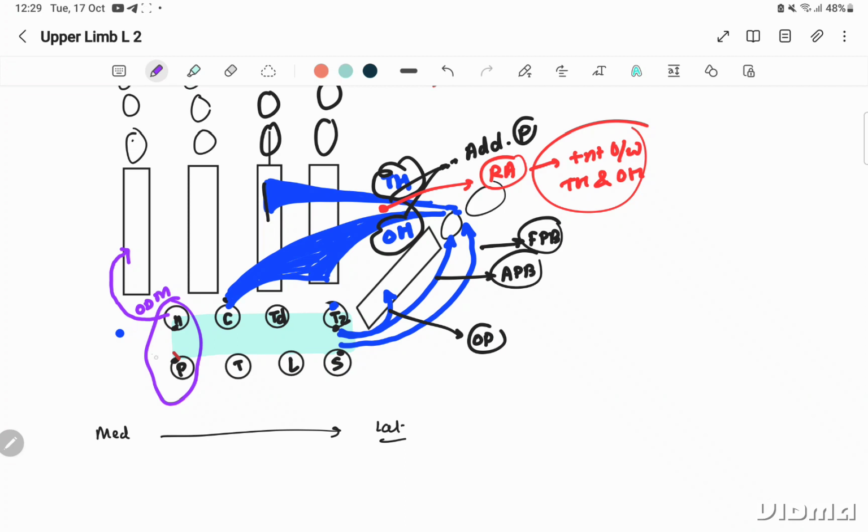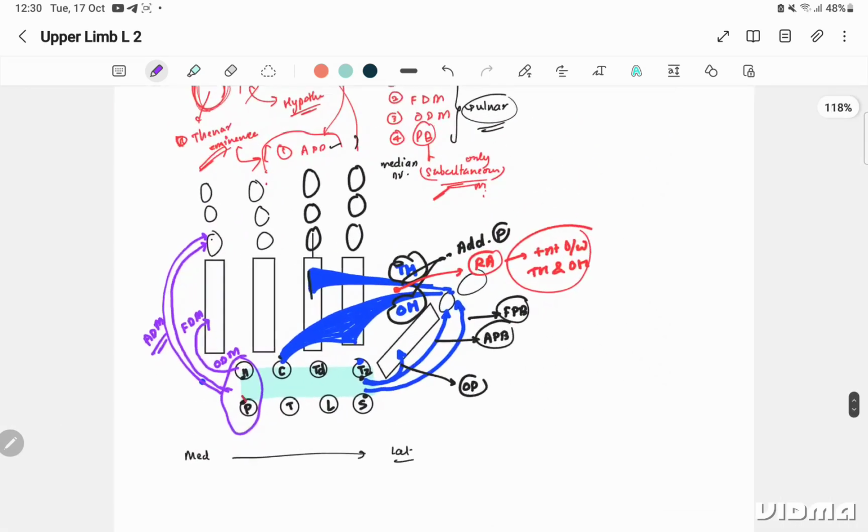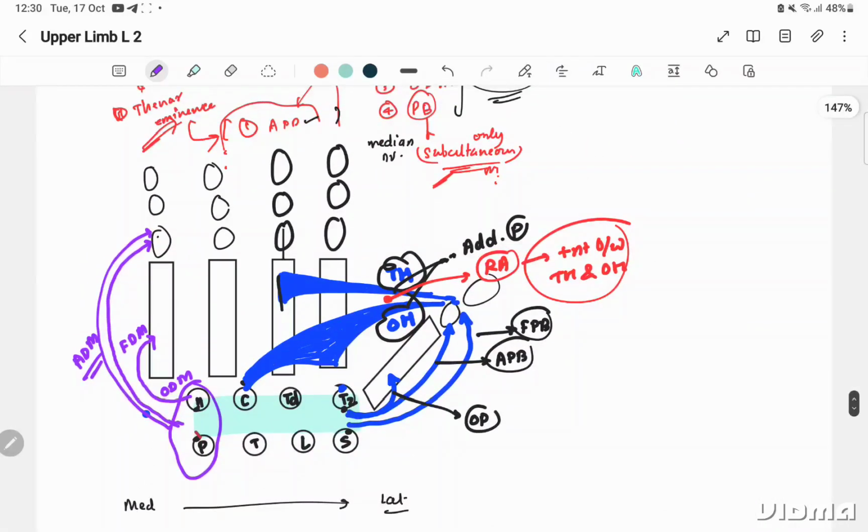The part which goes from the junction of the hamate and the pisiform, okay, and goes to the proximal phalanx of the little finger, that is flexor digiti minimi, and a bit laterally present is the abductor digiti minimi, which goes to the same part. So these are all the hypothenar muscles that are present. Okay, the thenar and the hypothenar muscles. I hope you saw the attachments as well.